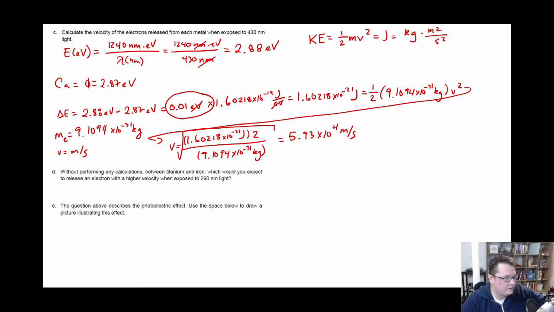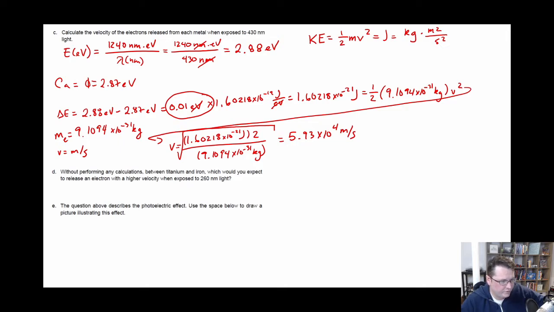You have the energy of the photon minus the energy of the work function, and then you can convert that into joules. Once you have that, you use it as the kinetic energy. So it's 1/2 times the mass, 9.1094 times 10 to the negative 31 kilograms, times the velocity squared in meters per second.